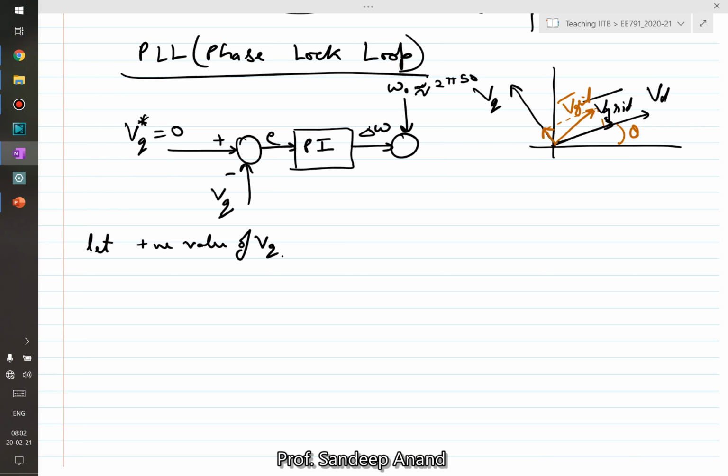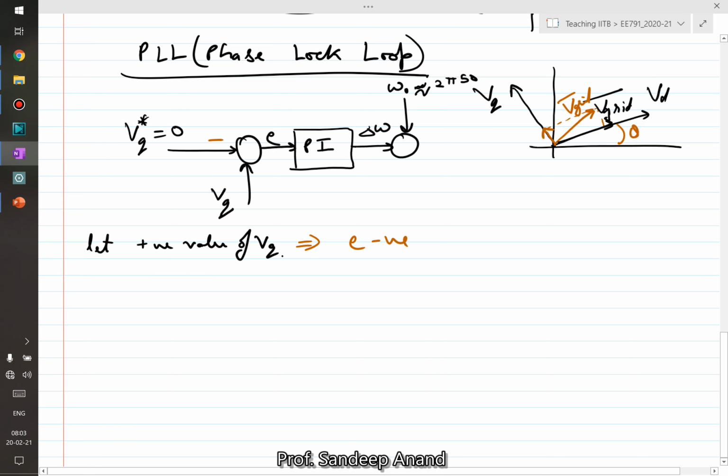So if VQ is a little bit positive, then the error is going to be negative. In that case, we want to increase the speed, but in this loop, as you would see, the speed will actually reduce. So let me flip the signs on the input side.